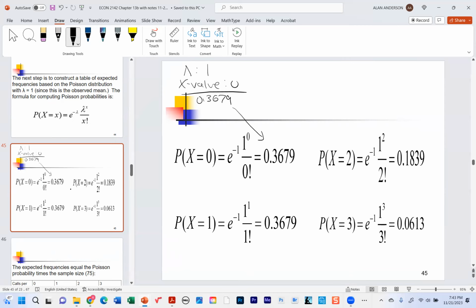For the second one, you would do the same thing, except now this is 1. Well, what do you know? It's the same thing.